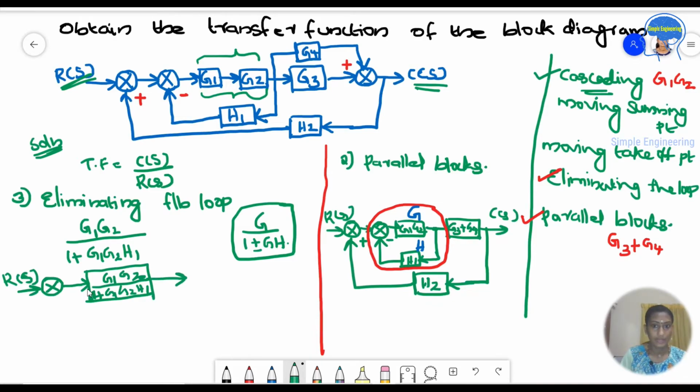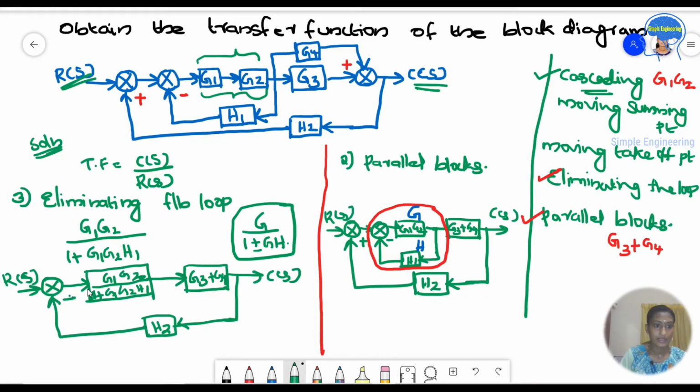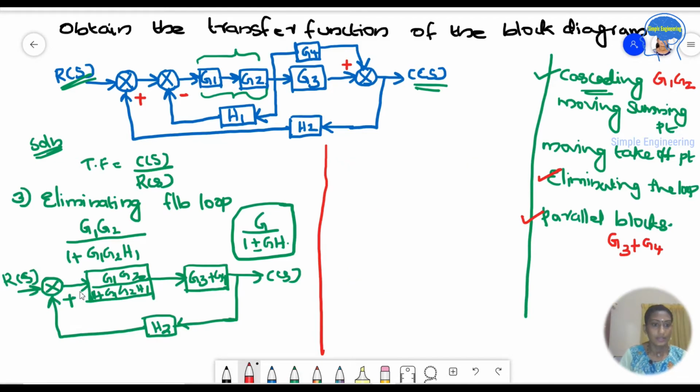Then the rest of your blocks are the same. You have G3 plus G4, then your C of S, and here you have H2 as the feedback loop, and here the sign is positive. So now this is our diagram.